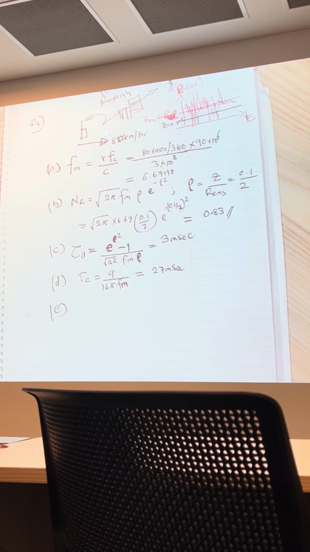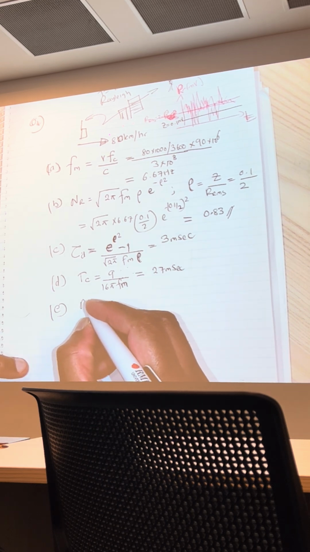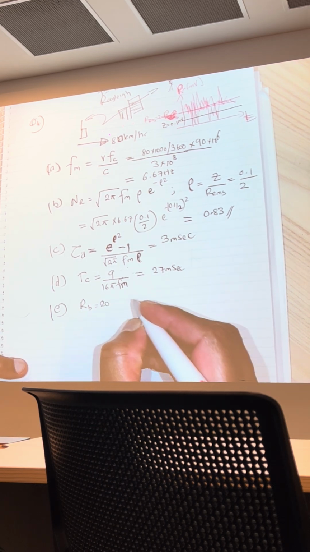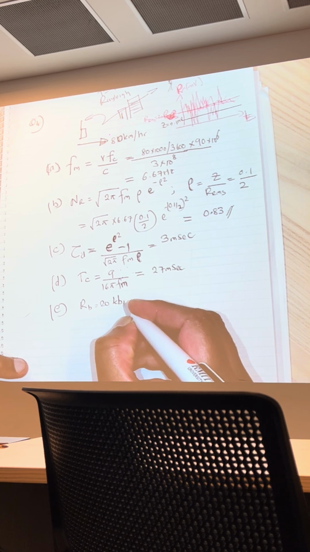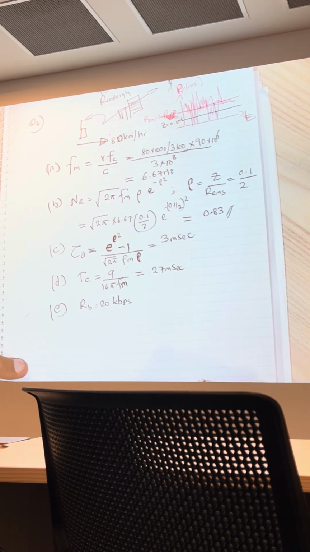Okay. So that relates to part E. We now ask, from part D, a bit rate of 20 kilobits per second is used. What type of channel would the transmission experience, whether it's slow fading or fast fading?